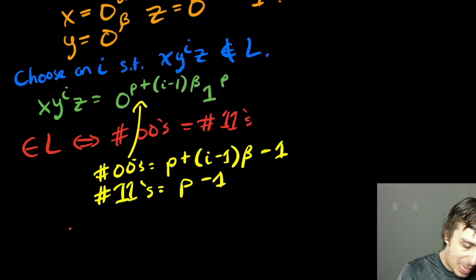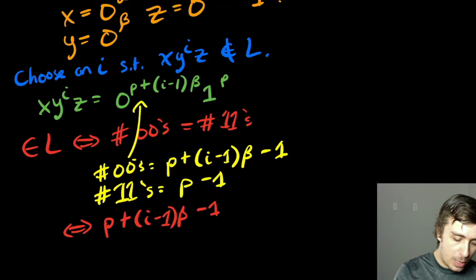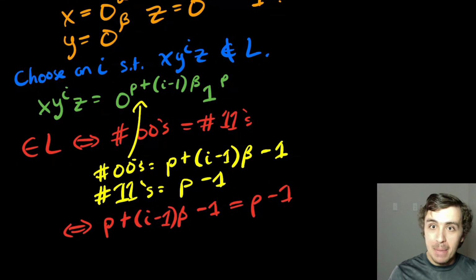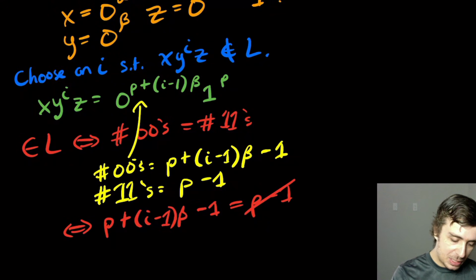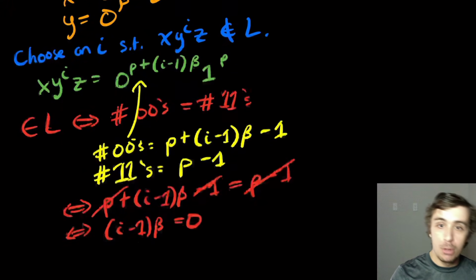So this is if and only if p plus (i minus 1) times beta minus 1 is equal to p minus 1. Well, we see a p minus 1 on both sides, so let's kill those off. So this is if and only if (i minus 1) times beta is equal to 0.